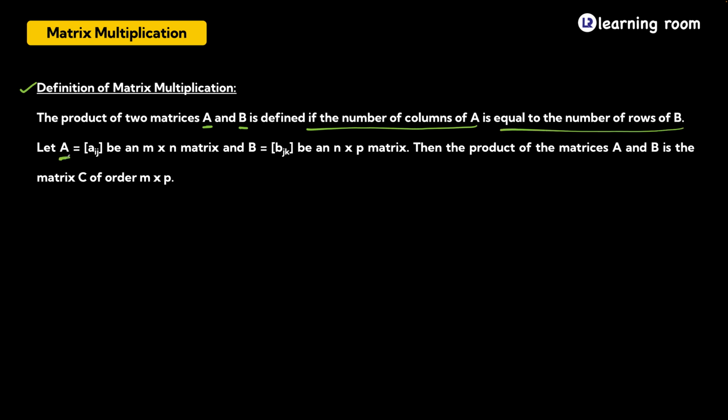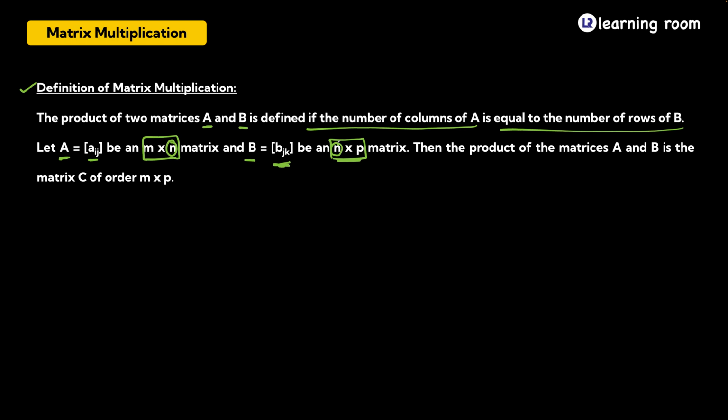Let's take the matrix A as Aij of order M cross N, and B is a matrix of order N cross P, with elements Bjk. The most important thing to be managed here is that this number and this number should match.